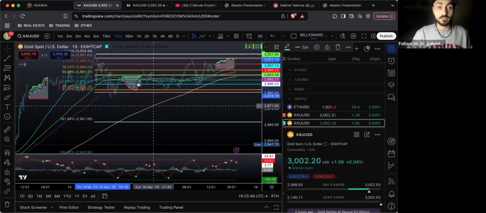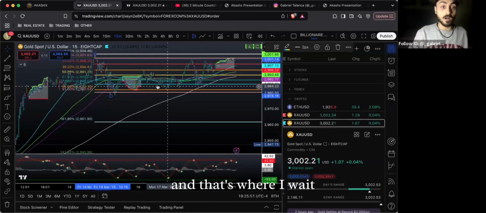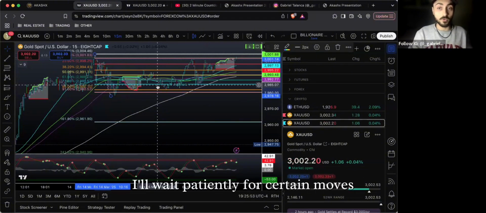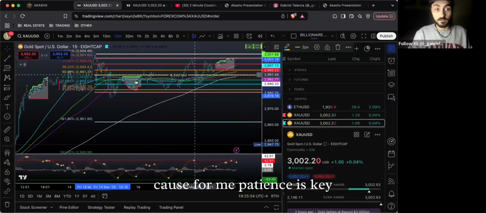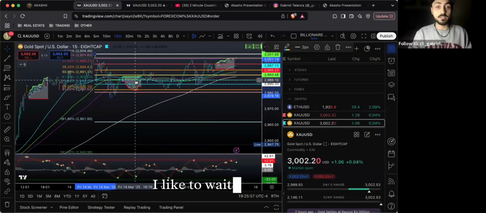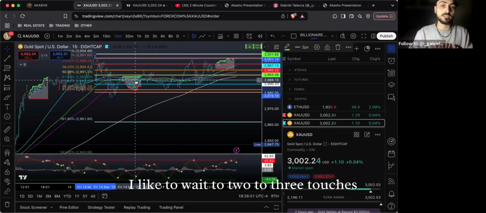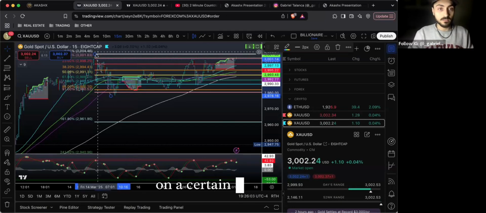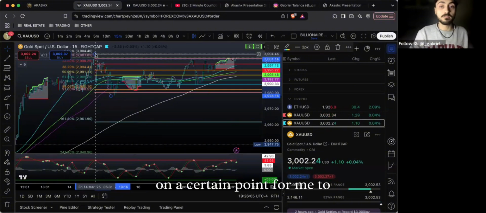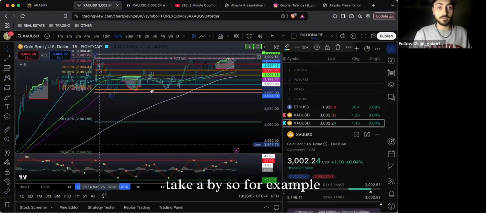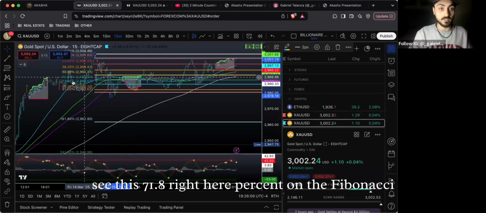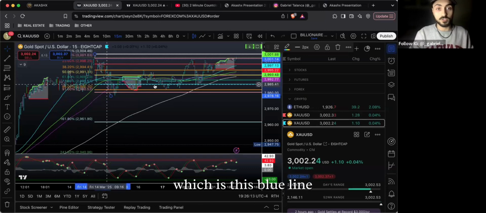And that's where I'll wait patiently for certain moves, because for me, patience is key. Especially with gold, I like to wait for 2 to 3 touches on a certain point for me to take a buy. For example, see this 71.8% on the Fibonacci, which is this blue line.